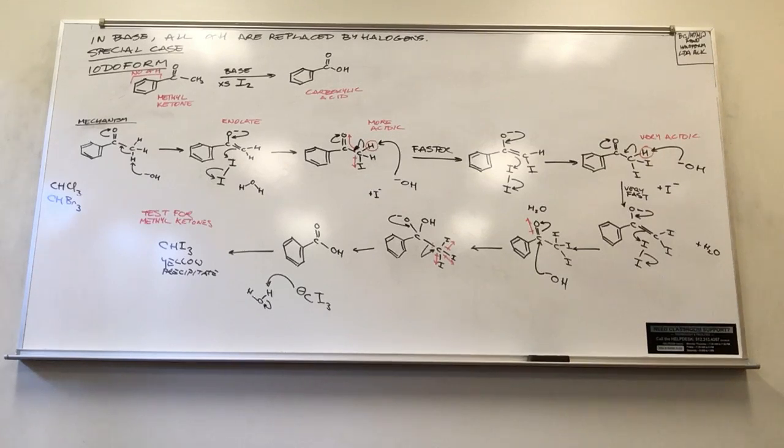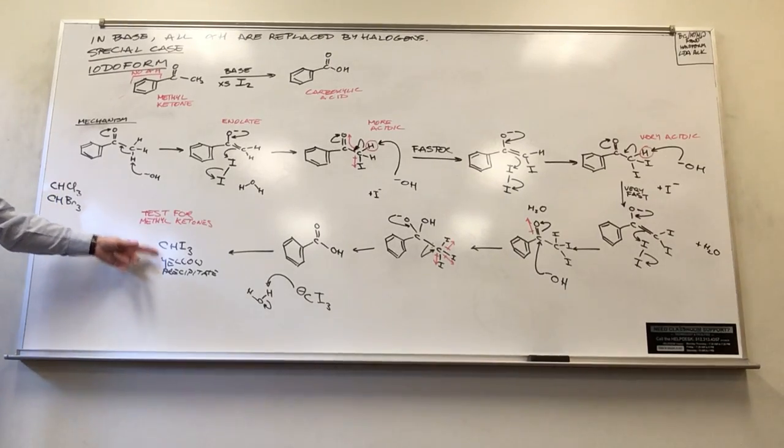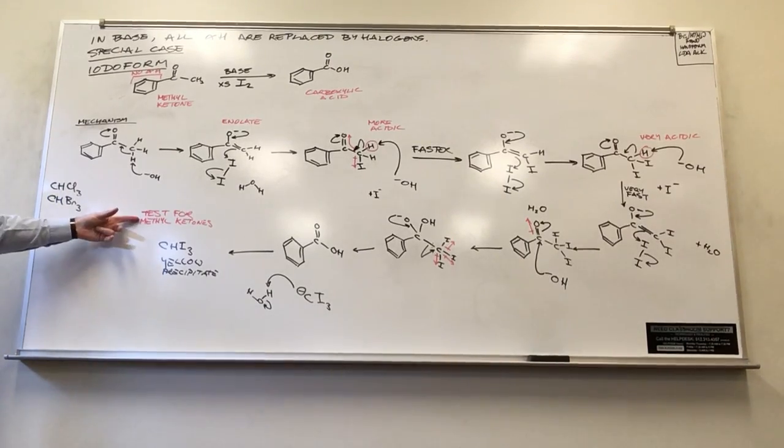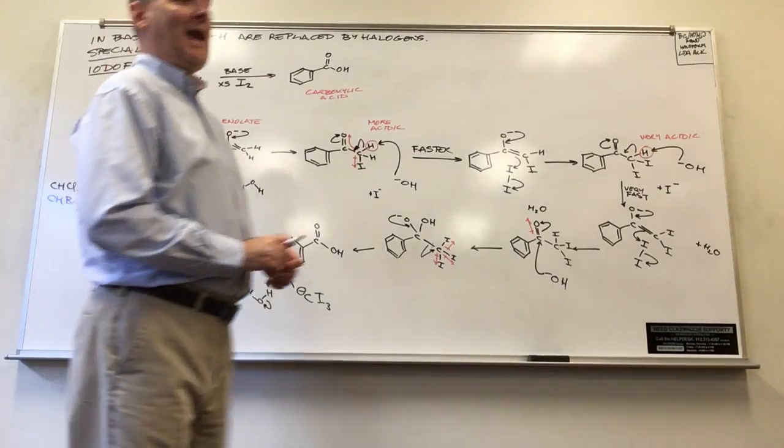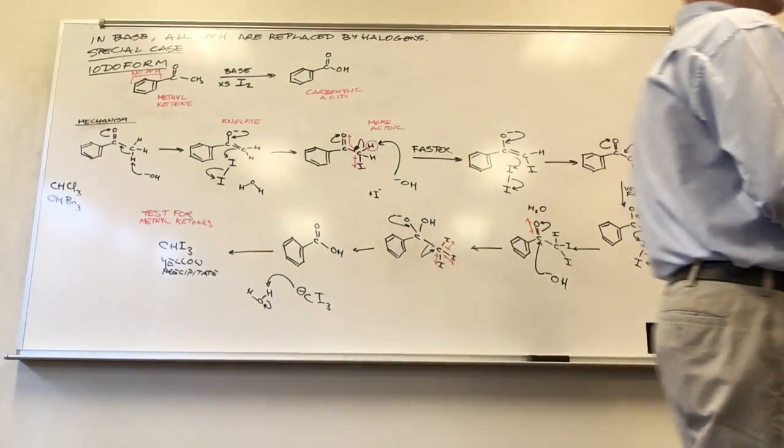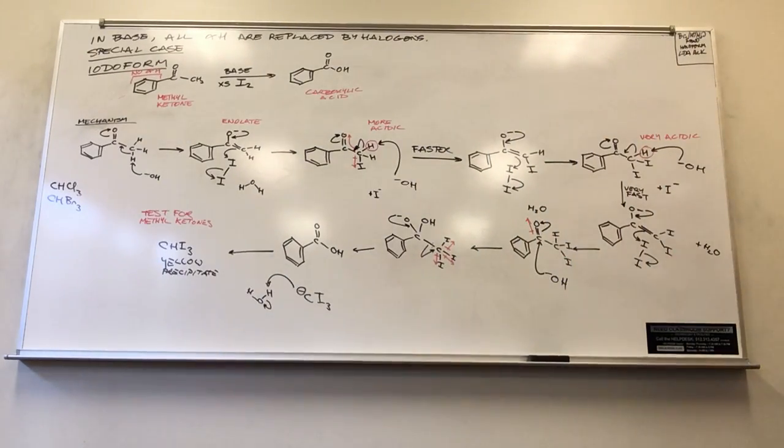And methyl ketones fall apart in base and iodine to make this bright yellow precipitate of iodoform. That's a test for a methyl ketone. But it is also a very handy way of turning ketones into carboxylic acids.